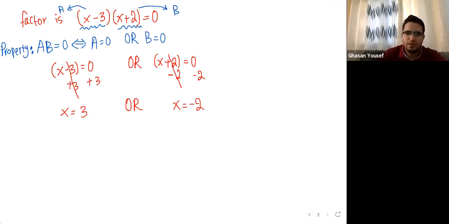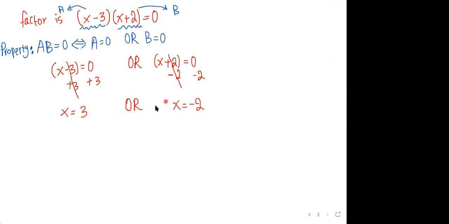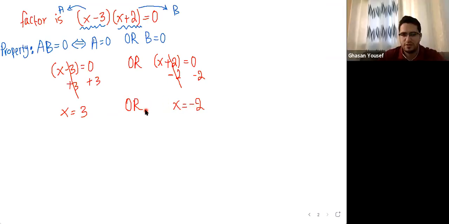Now, after I finish everything, I should check whether x equals 3 and x equals -2 are solutions for this equation. To check that, I have to plug the 3 inside the equation and check if both sides give me the same answer. And then I have to move to the -2 and plug it in again to check if both sides are equal.